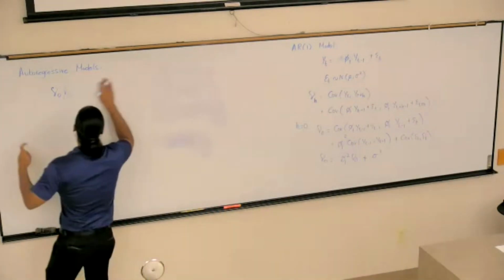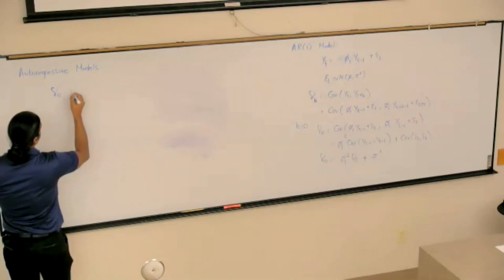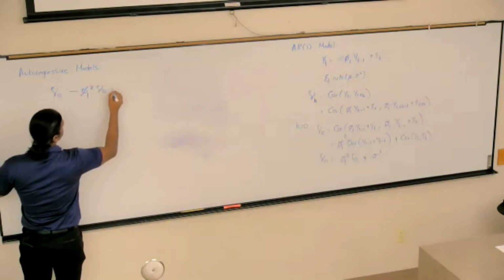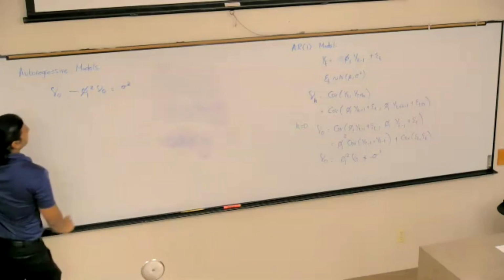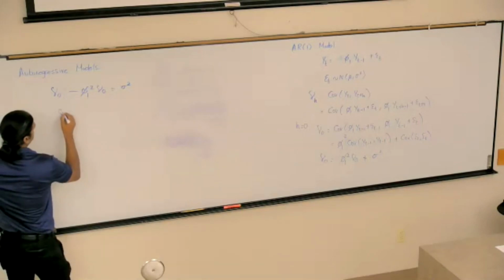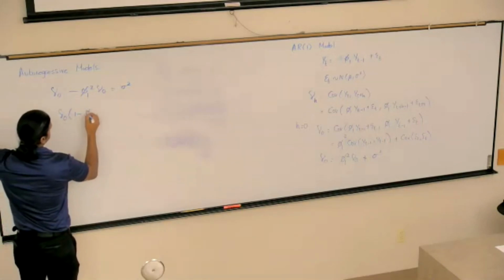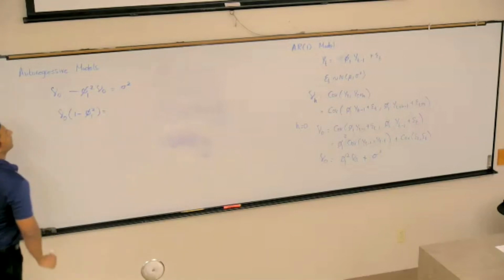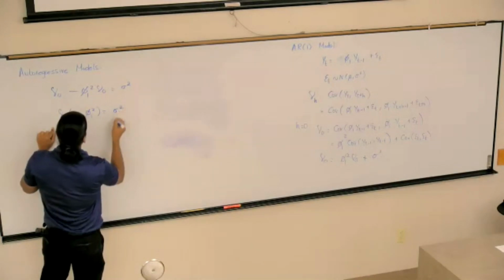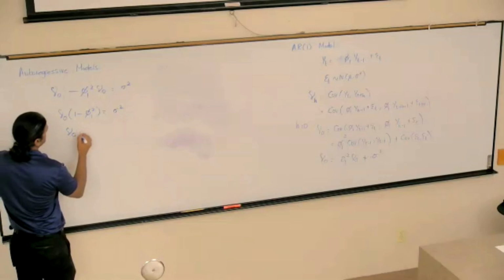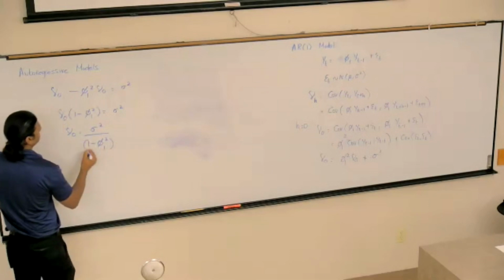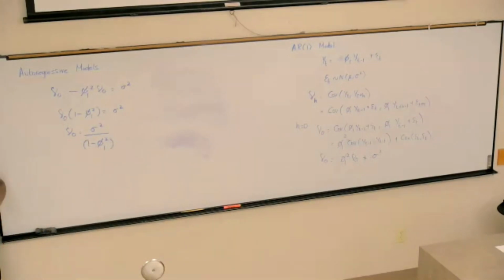In general, variance cannot be 0. So I can move that phi 1 squared gamma naught to the other side, and gamma naught would simply be equal to sigma squared divided by 1 minus phi 1 squared. Good.